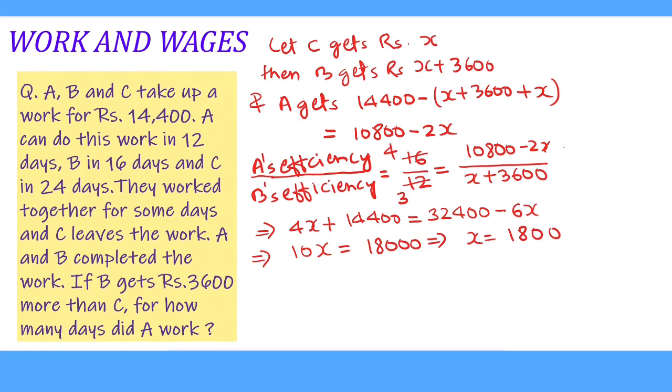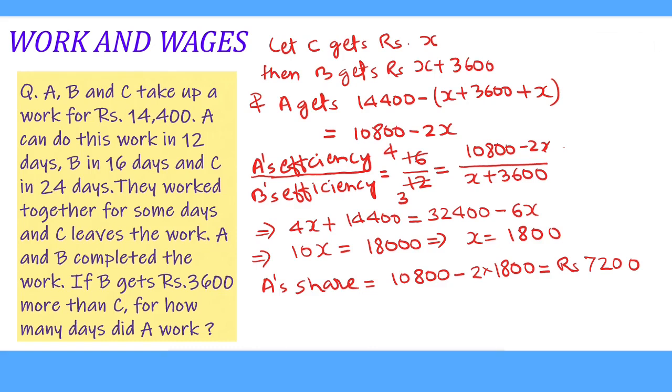So C receives rupees 1,800, and if we put the value of x in A's amount, we will get A's share. A's share will be 10,800 minus 2 multiplied by 1,800, and 1,800 multiplied by 2 is 3,600, and 10,800 minus 3,600 is 7,200.